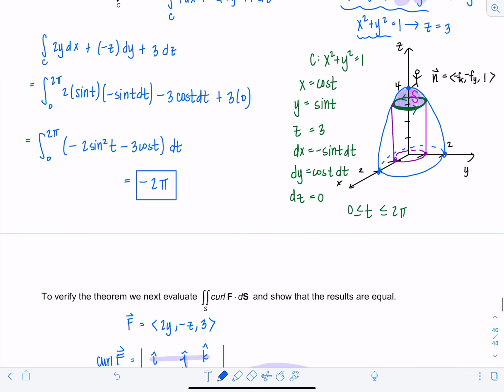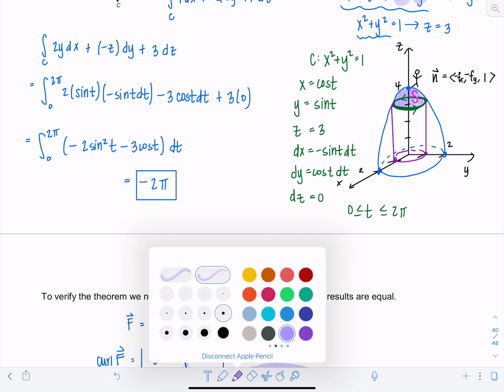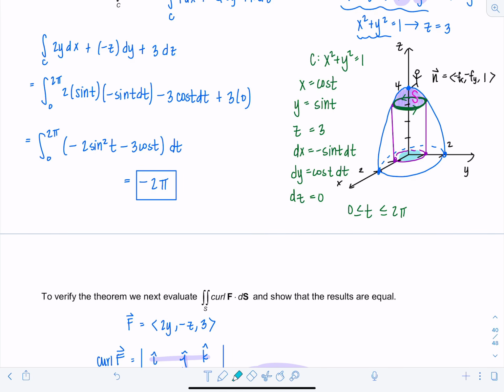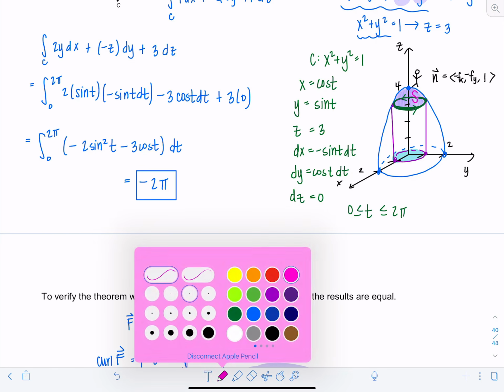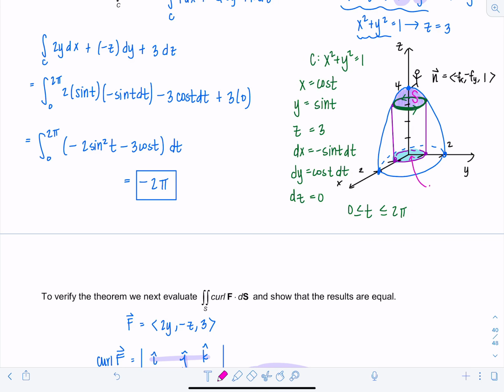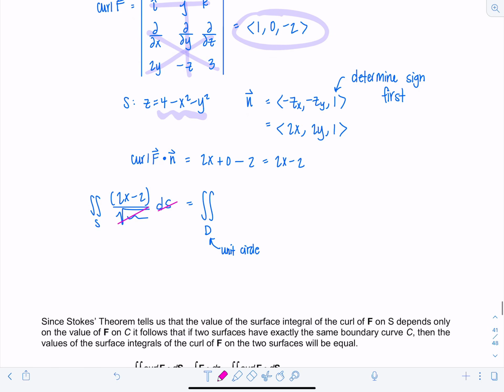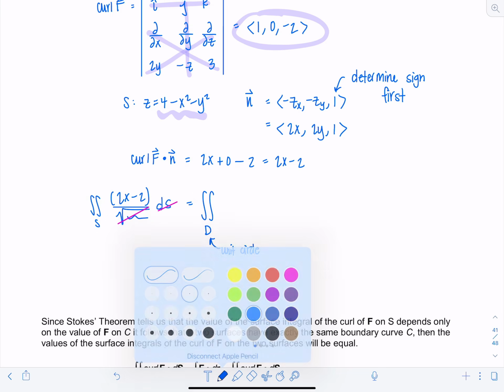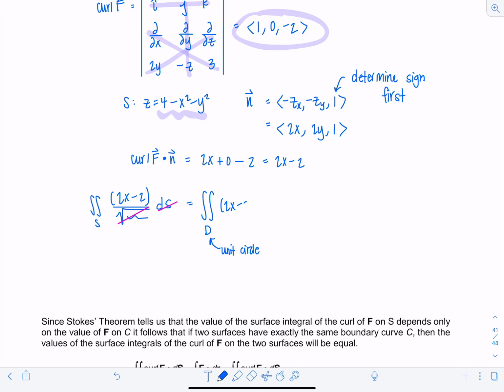So your region D is down here in the xy plane. If you project that surface onto the xy plane, then you can just integrate over the unit circle. I will label that D so we know. Okay, and the integrand stays the same. It's just 2x minus 2 dA.